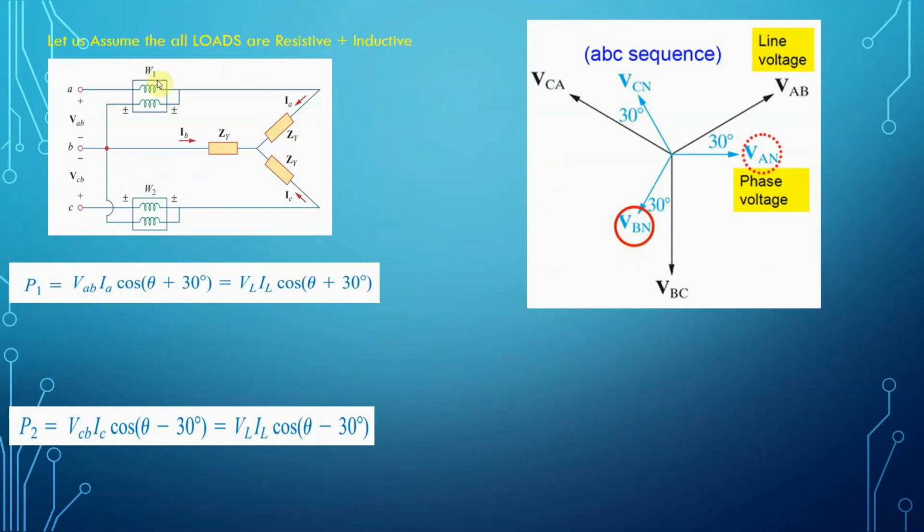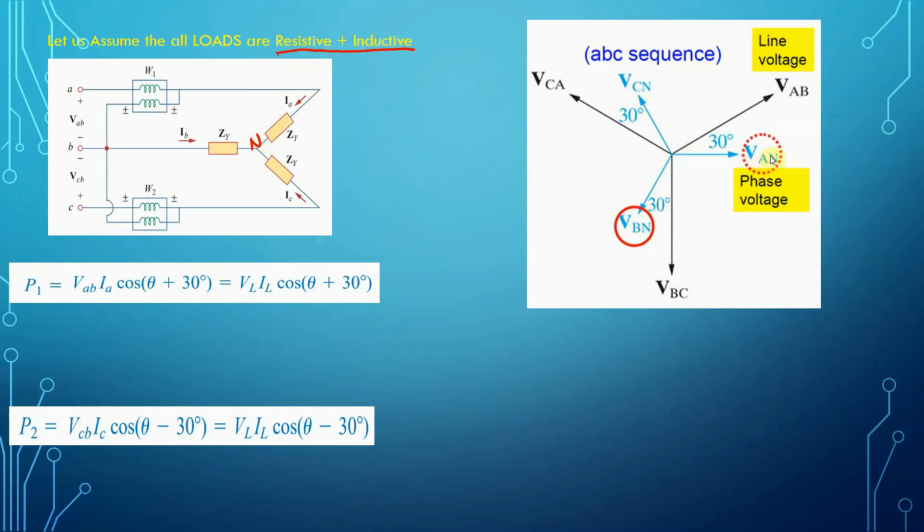Okay, so we all know from previous discussion that, let's just assume the load that we have is a resistive load with an inductive load, right? So now this is the phasor diagram of this circuit. We have VAN. So this is our A, this is our neutral here.